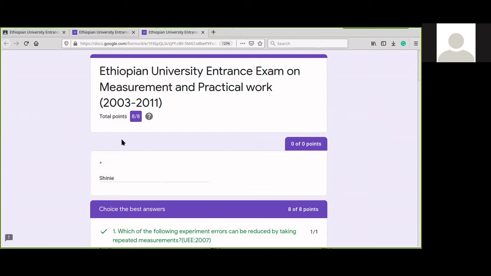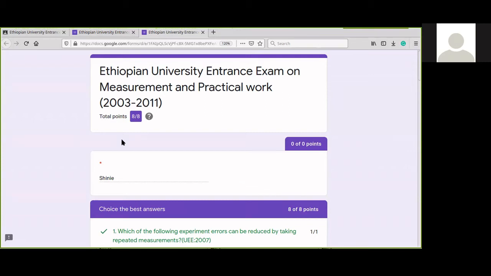For example, given the measurement X with uncertainty delta X and measurement Y with uncertainty delta Y, what is the uncertainty when we get some quantity by multiplying, dividing, subtracting or adding X and Y? Do you remember?